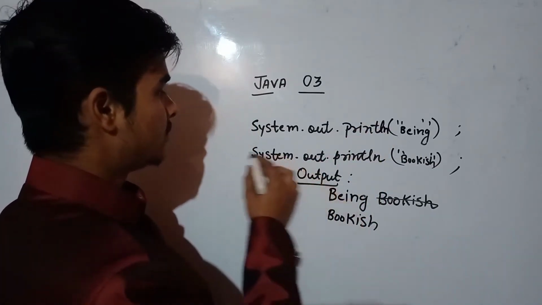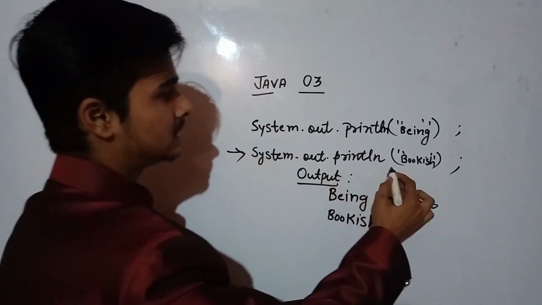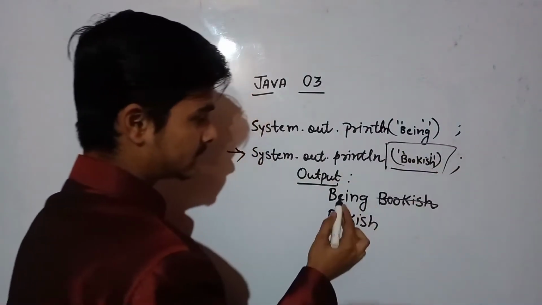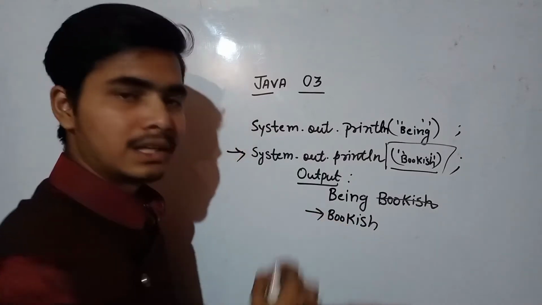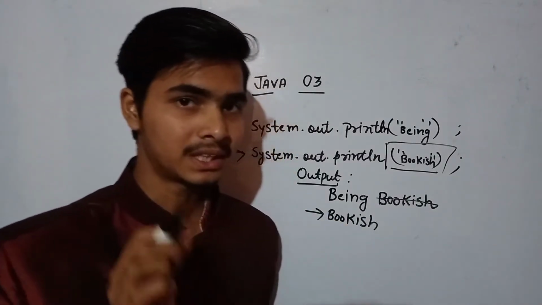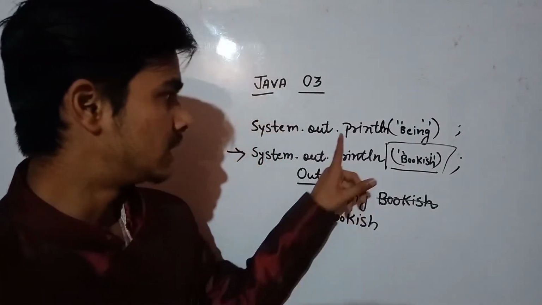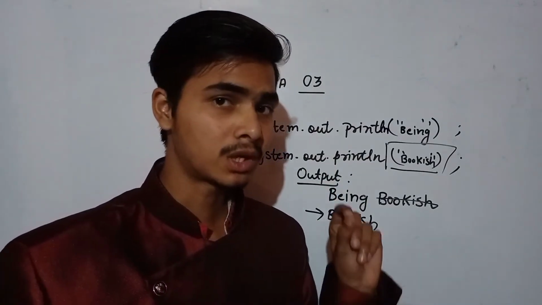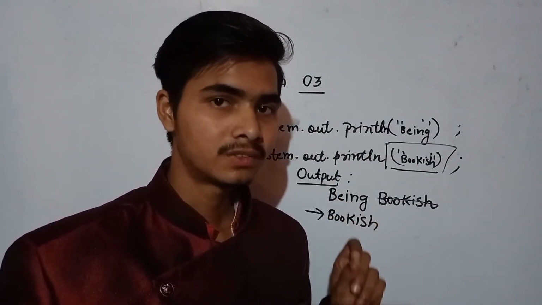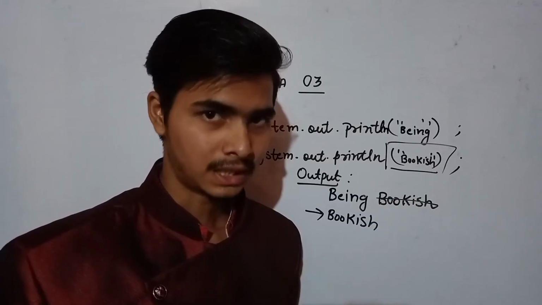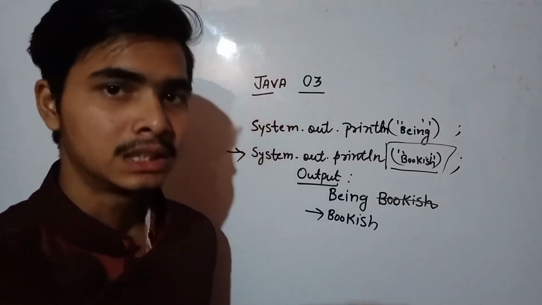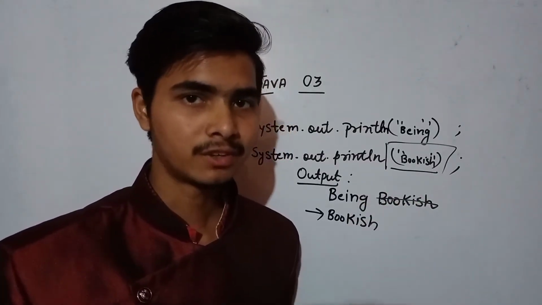I hope you are getting clear on the difference between System.out.print and System.out.println. Let us take some more examples to clarify.